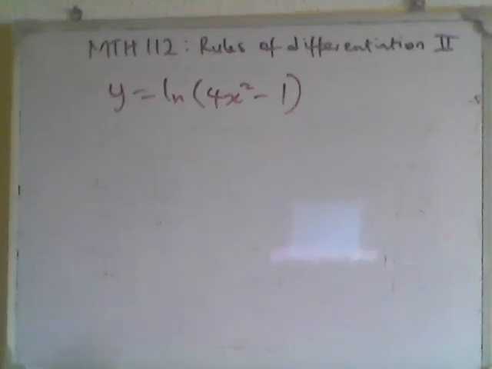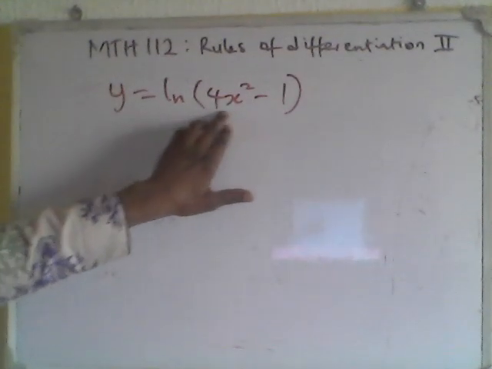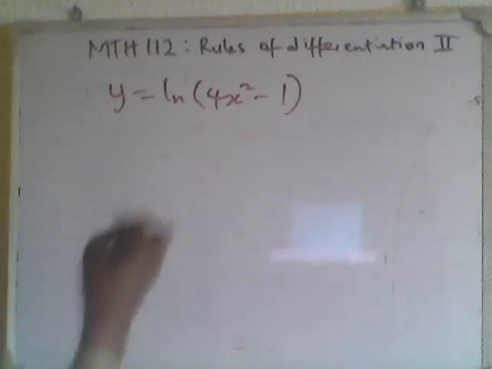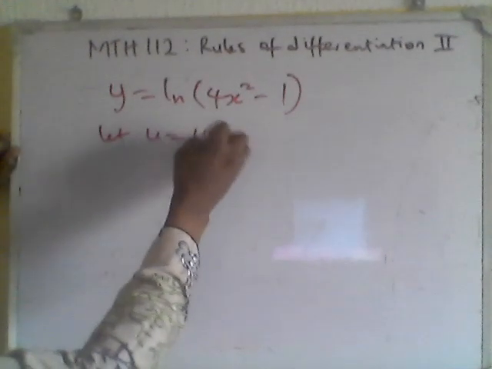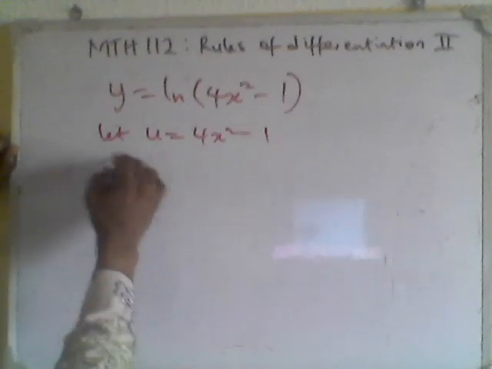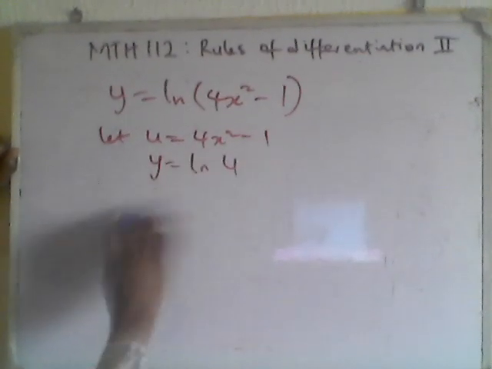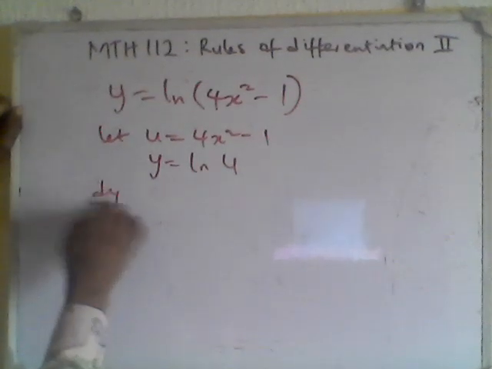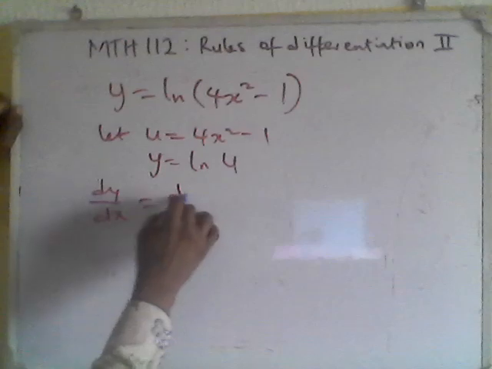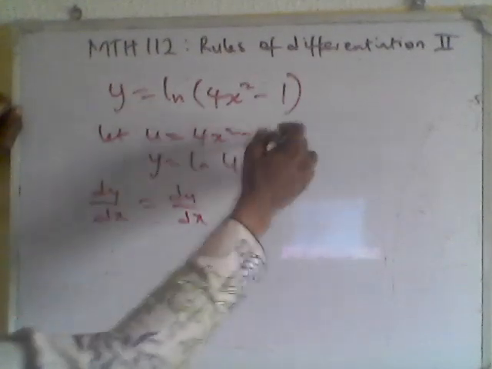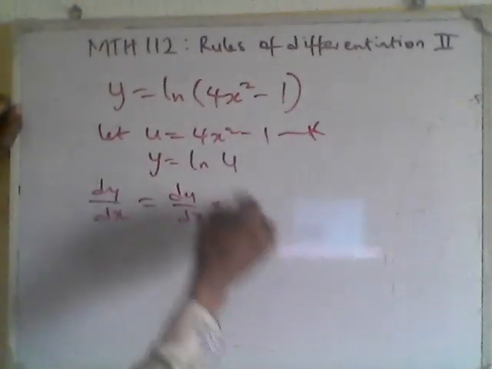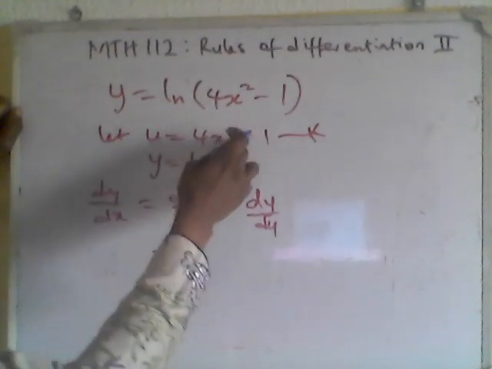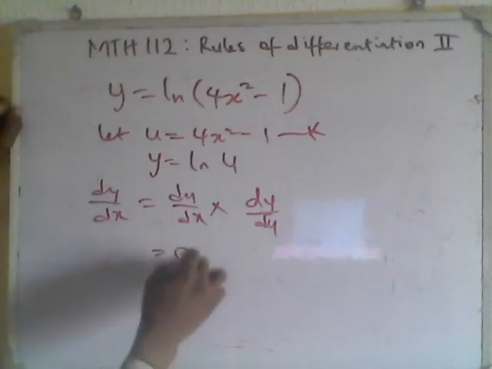So we have on the board y is equals to ln open bracket 4x squared minus 1. So you have the outside function and the inside function. So inside function, let u be 4x squared minus 1, and outside function, y is equals to ln u. So straight up, we differentiate: dy/dx is equals to du/dx, that is, differentiate this first one, times dy/du. So du/dx here is 2 times 4, 8x, right?